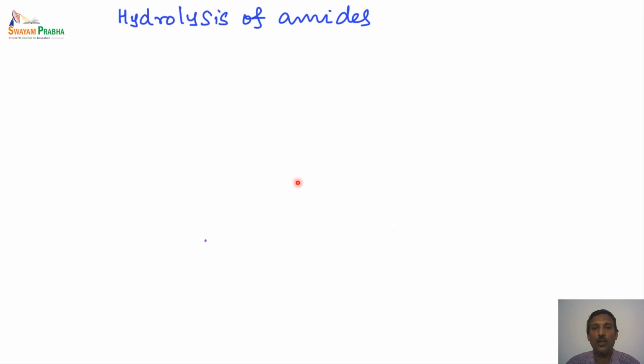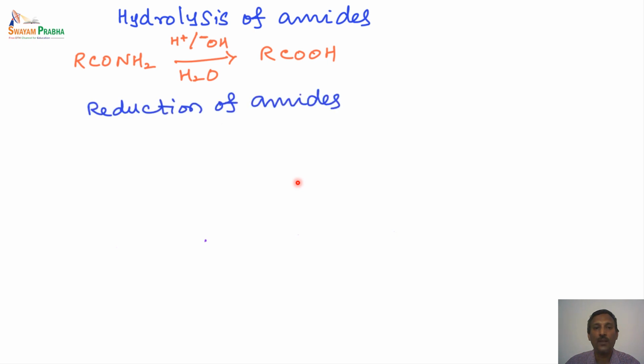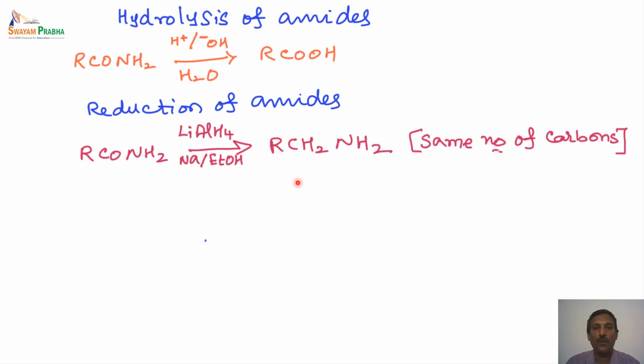Let us study the hydrolysis of amides. Amides can be hydrolyzed using either acids or bases to give the corresponding carboxylic acids. Amides can also be reduced. We have a couple of reduction methods, and we will see them one by one.